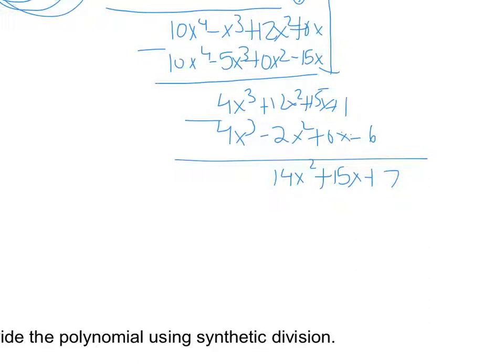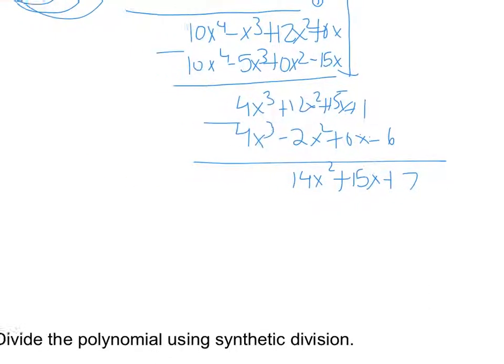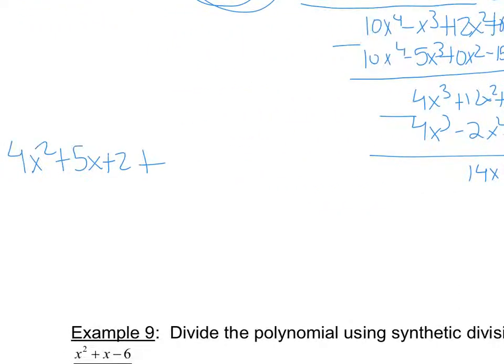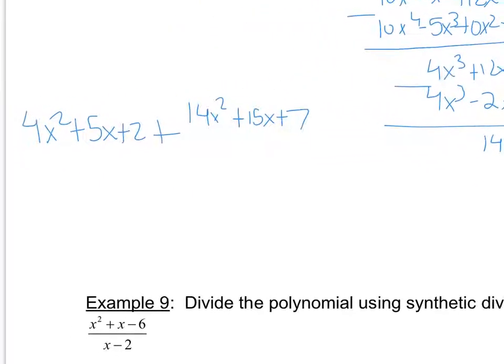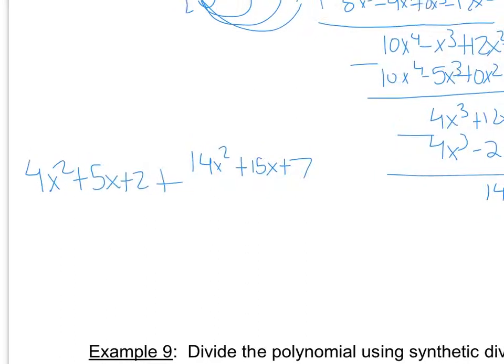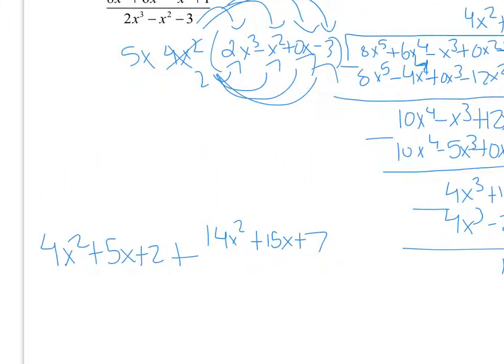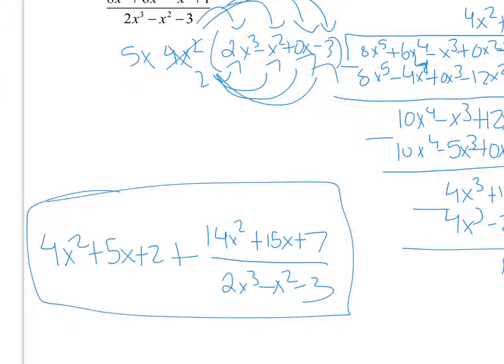So again, we're going to take the remainder and bring it over. So you have 14x squared plus 15x plus 7. Yep. What were we dividing by originally? 2x to the third minus x squared minus 3. So there we go. Okay?